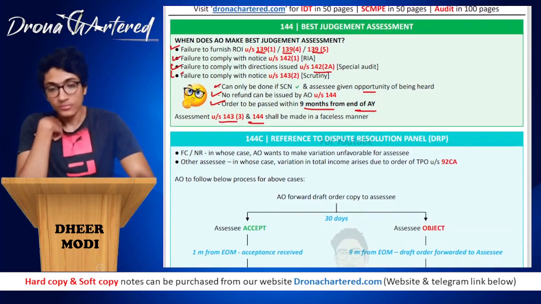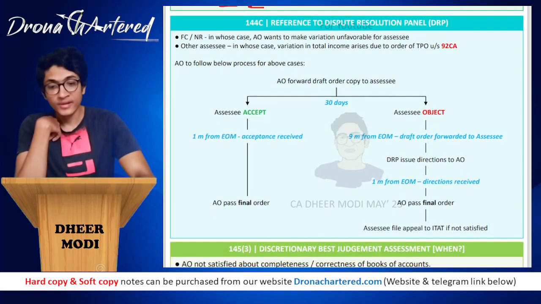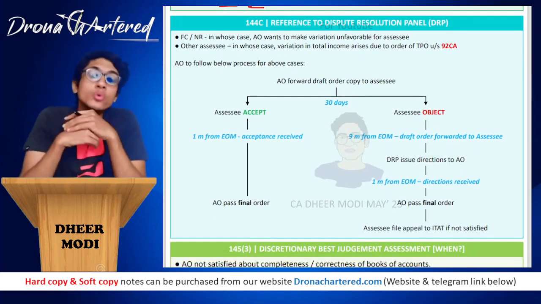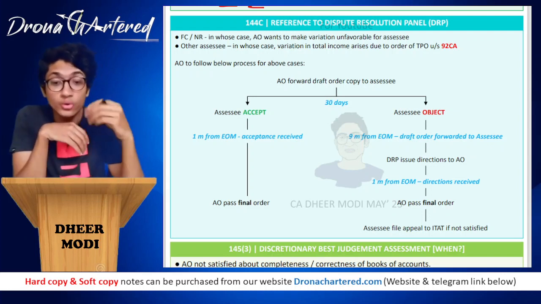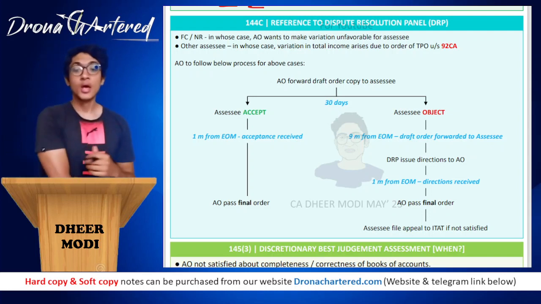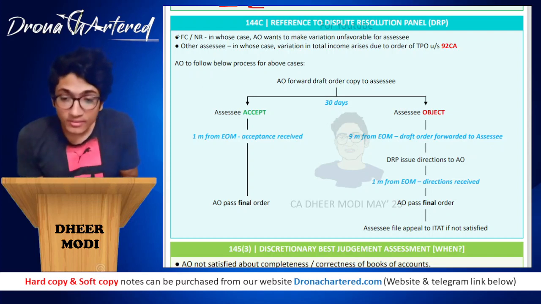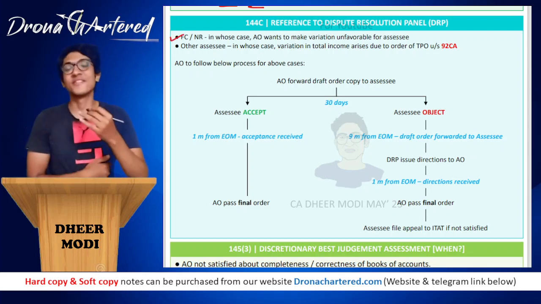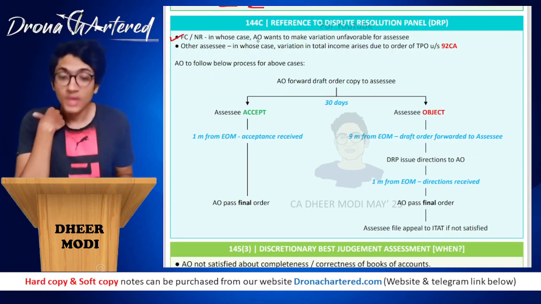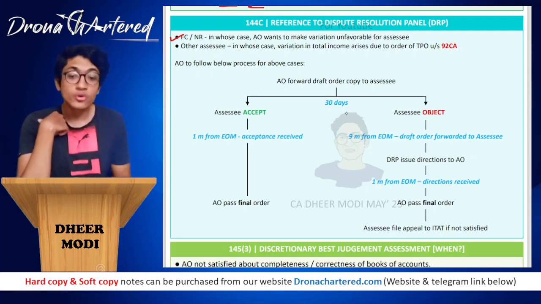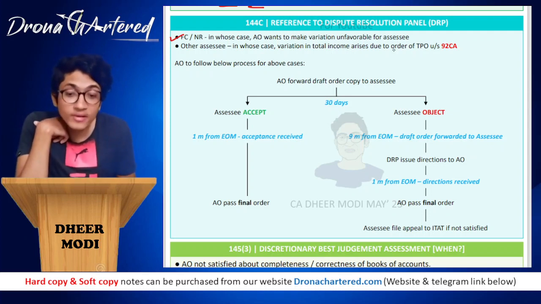Next part is your reference to your DRP, that is your dispute resolution panel. 144C. 144C talks about reference to your dispute resolution panel. So now, in such a case, when it is a foreign company or a non-resident, in whose case the AO wants to make a variation unfavorable for the assessee.